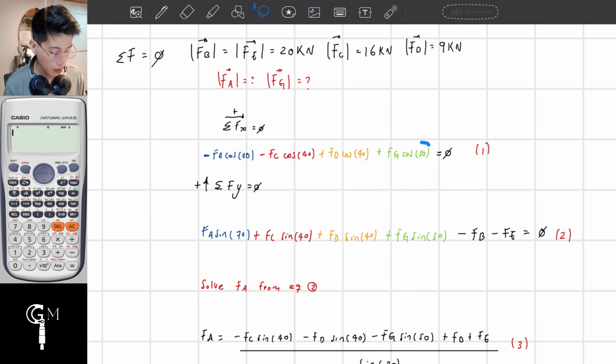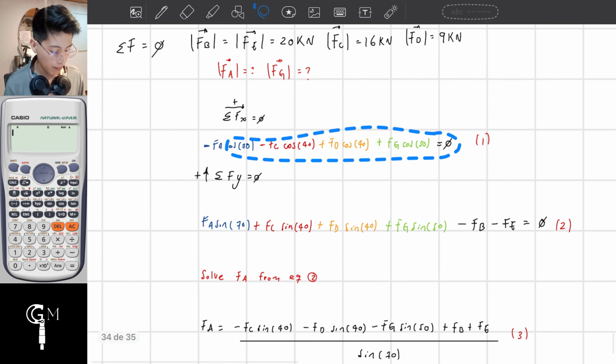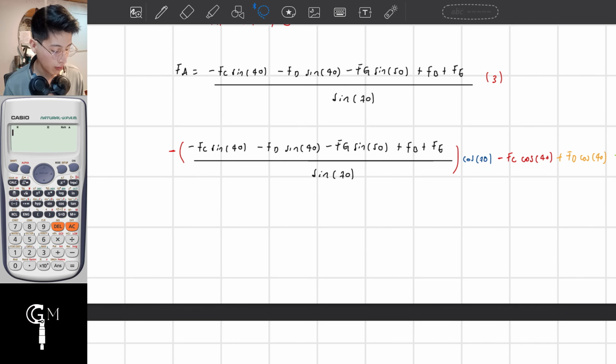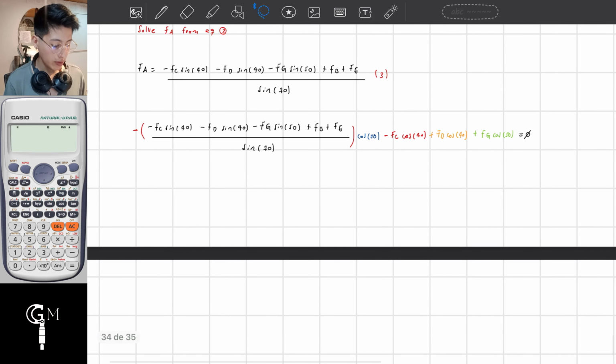So I'm going to take this information, copy, paste, and that's it. This is going to be my equation.